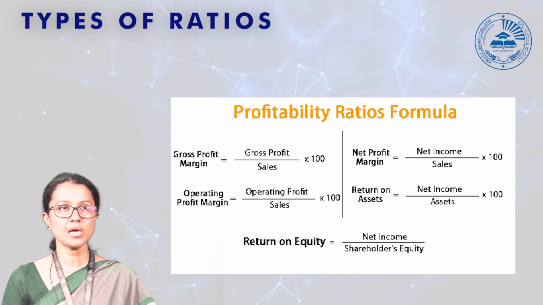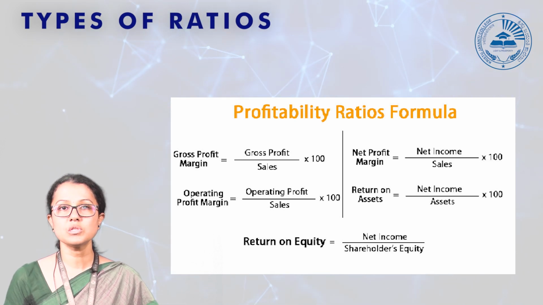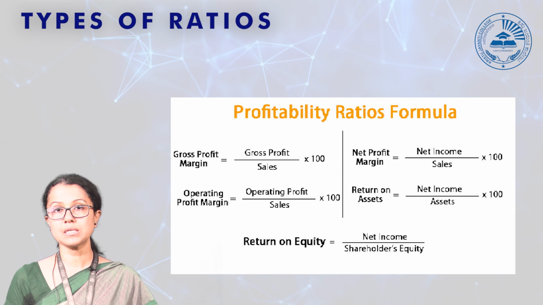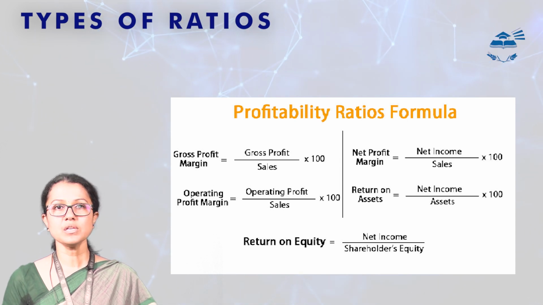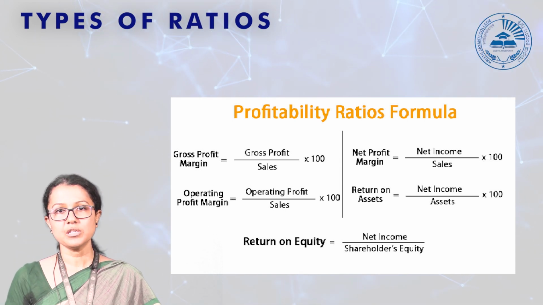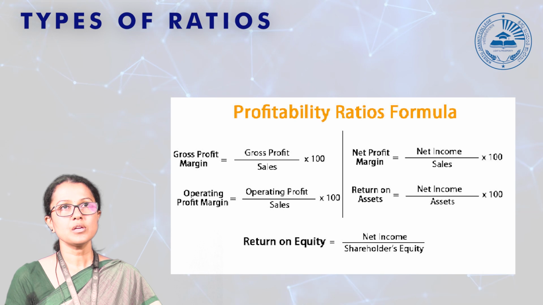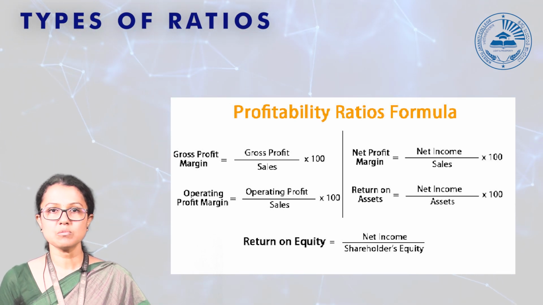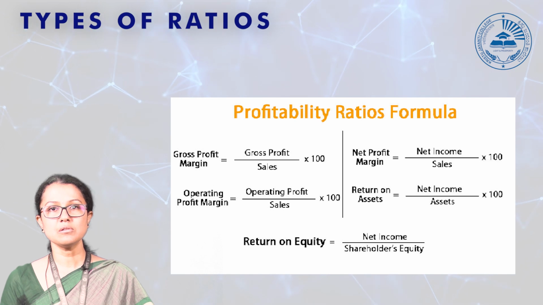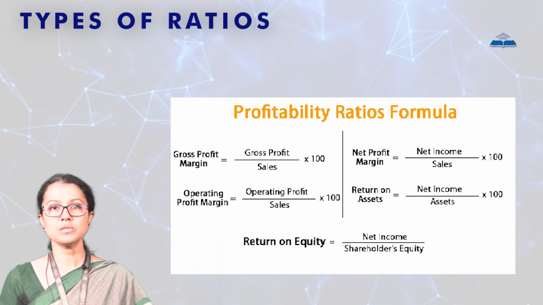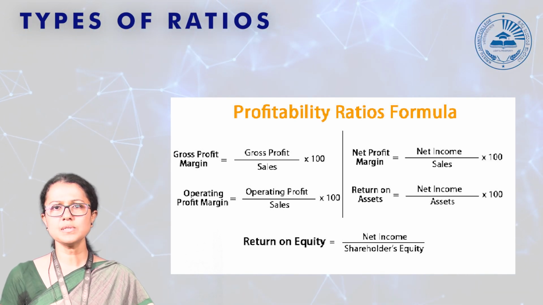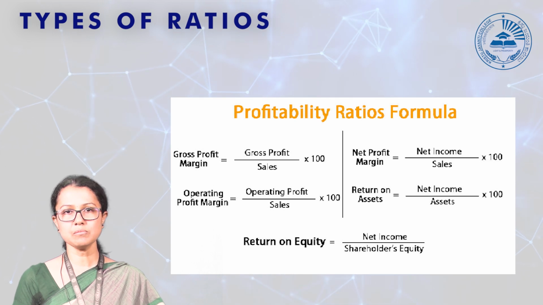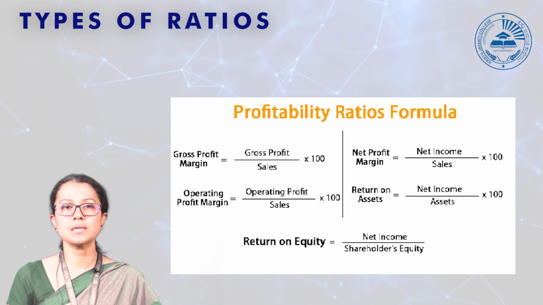Now there is a question: most students get confused looking into the financial statements about what is an operating profit and what is a non-operating profit. Say, for example, I am doing a business and I also made some investment in shares and I am receiving some income from that investment, or I have opened a savings account and I am receiving some interest from it.